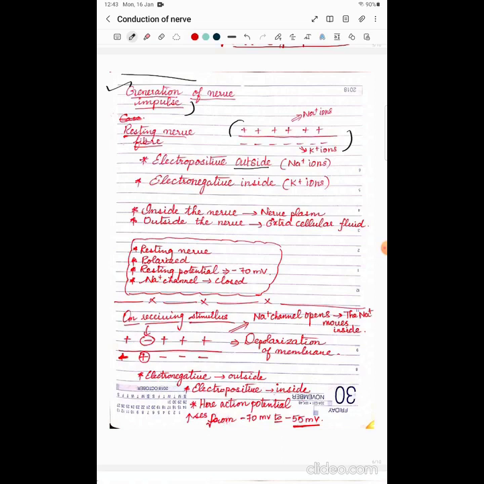First of all, you know that when a nerve is not receiving any stimuli, it will be in a resting position.